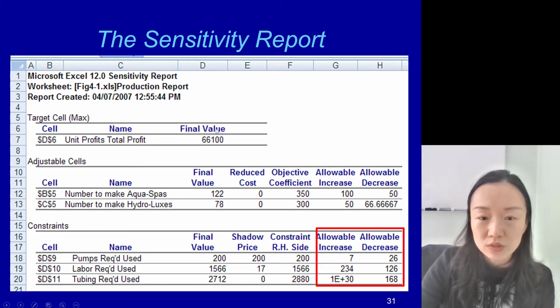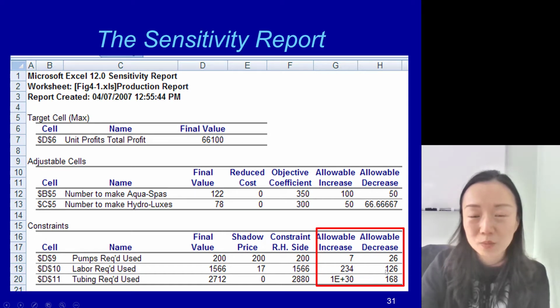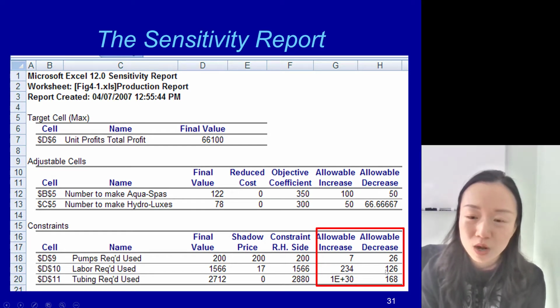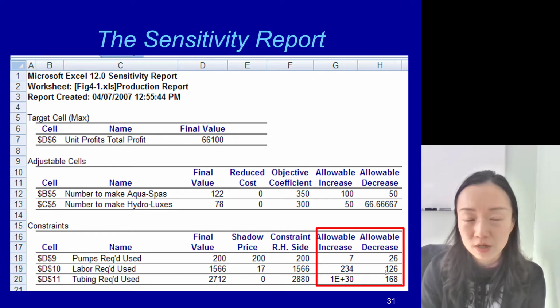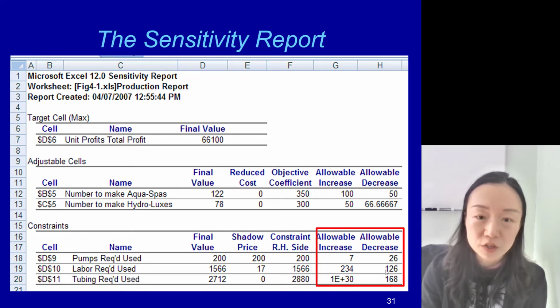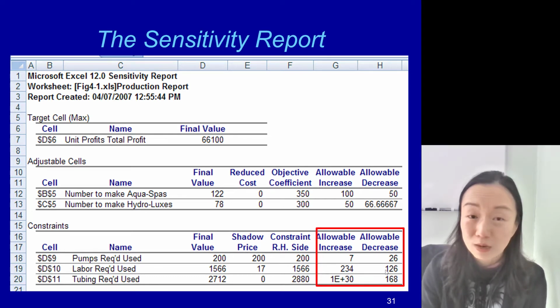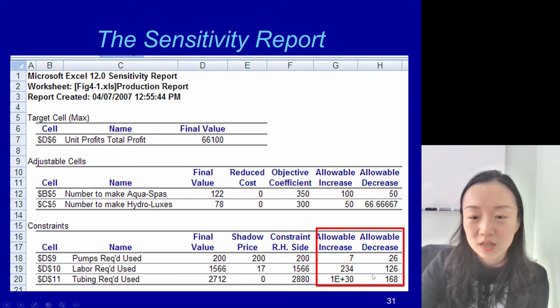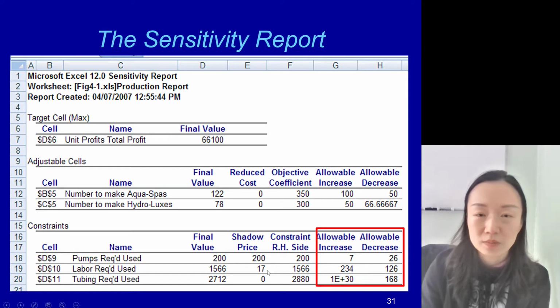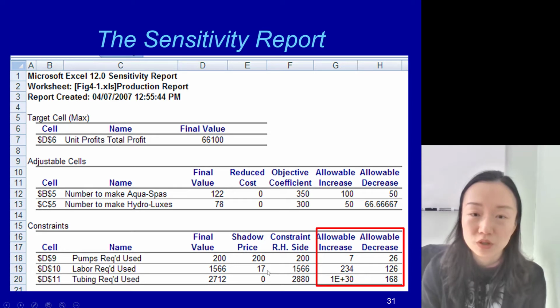So you're going to lose $1,700 if you take away 100 units of the labor. But if someone asks, what about if we take away 150 units of labor? What will be the new objective function value? Then we don't know, because once it goes beyond this allowable decrease, then the shadow price will change. It may change to 0 or change to some other value, but we're not sure.